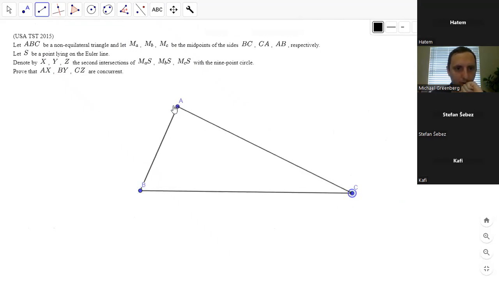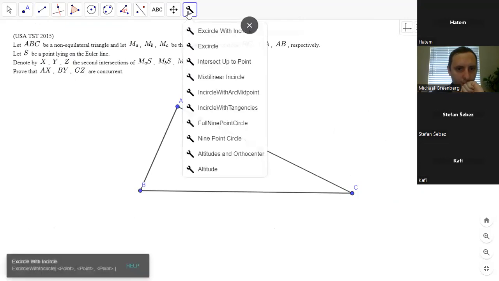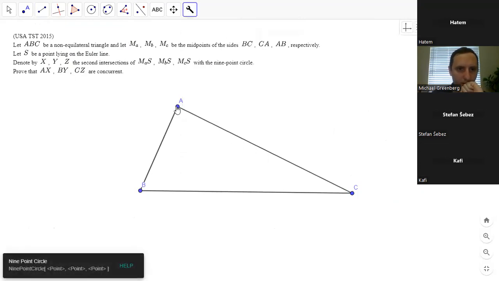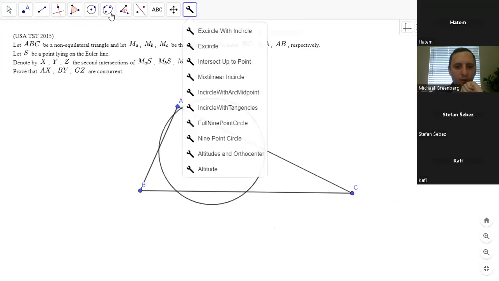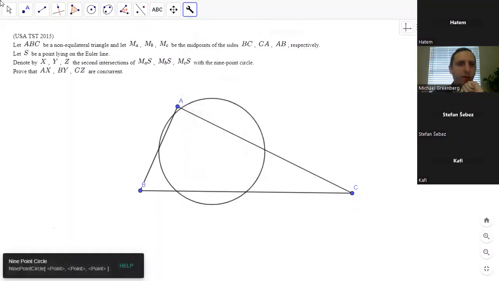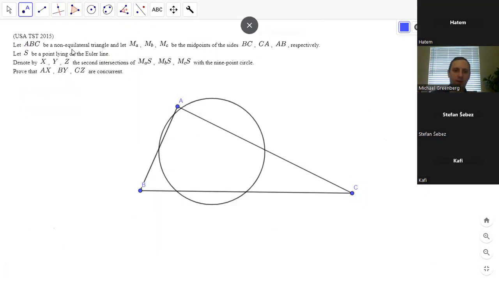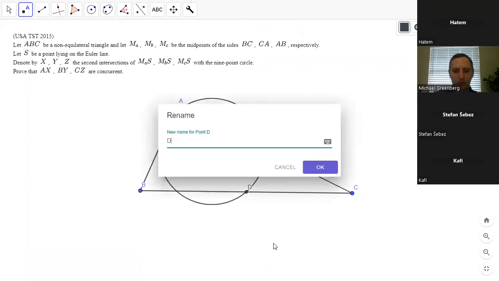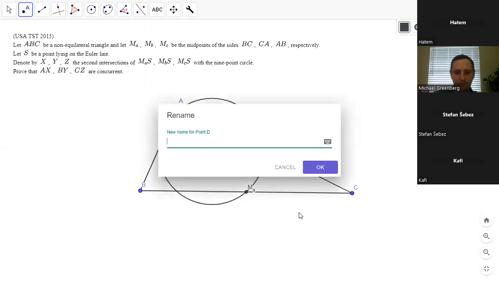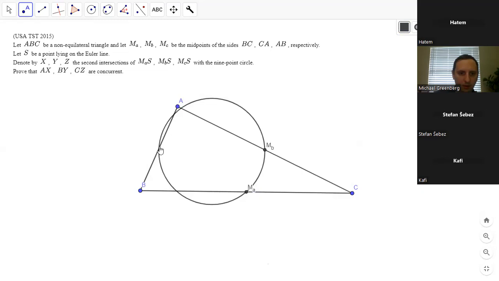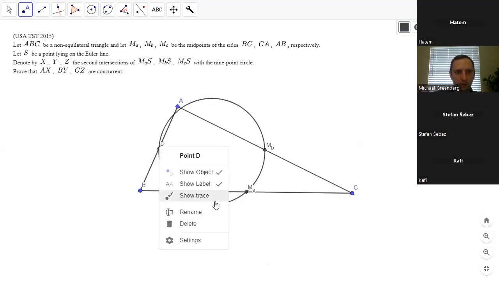So we draw the 9-point circle. I think I have a tool for this. It has an interesting notation. I guess I didn't label all the points, but that's okay because I'm going to need to rename them anyway. So we have MA, MB, and MC. This should be MC.